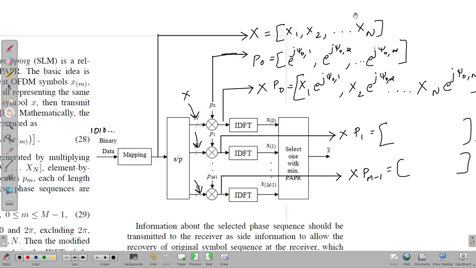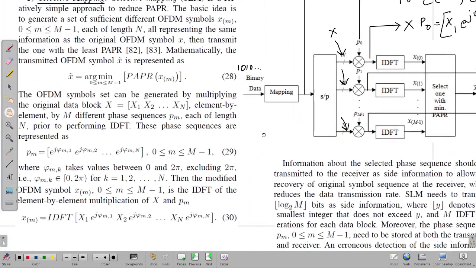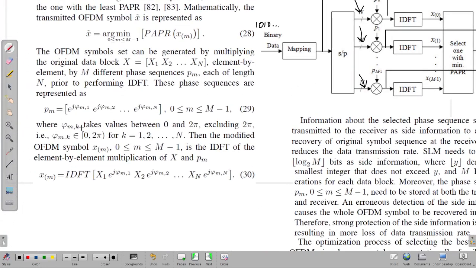The modulated symbols have n number of symbols, so each of these symbols is getting multiplied by the corresponding element in the phase sequence, and we have phase sequences from p0, p1 up to pm minus 1, and correspondingly x into p0, x into p1 up to x into pm minus 1, and it is shown here.